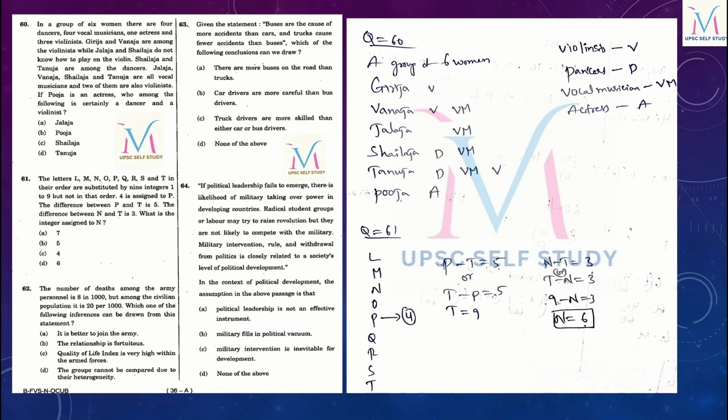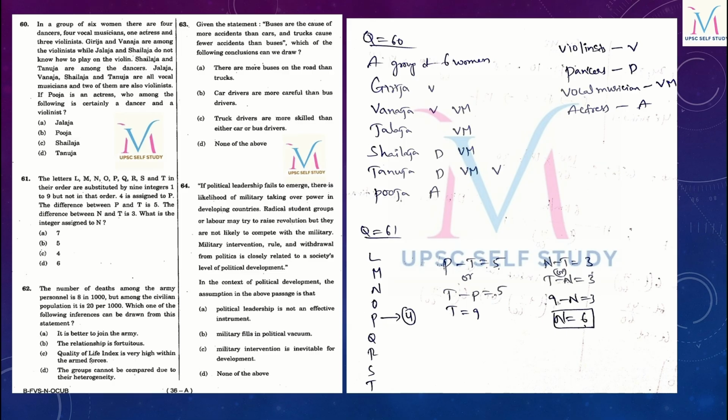So we cannot justify them. For this question the answer is none of the above, because all are causing accidents. Buses are causing more accidents than cars, and trucks cause fewer accidents than buses. Whatever may be the reason, all are causing accidents.